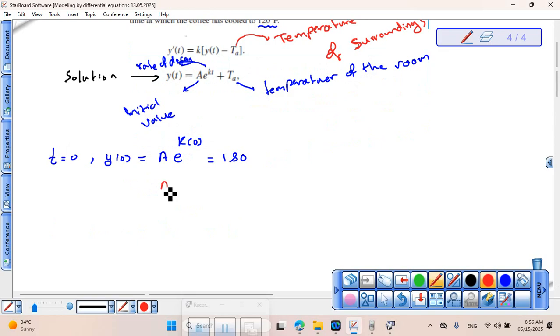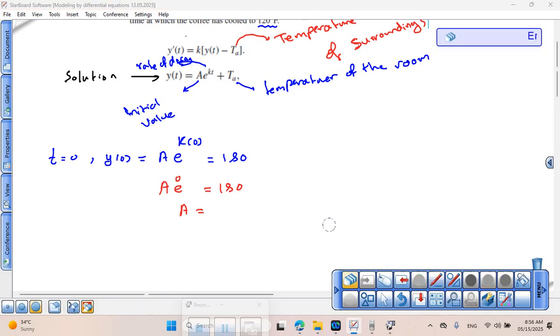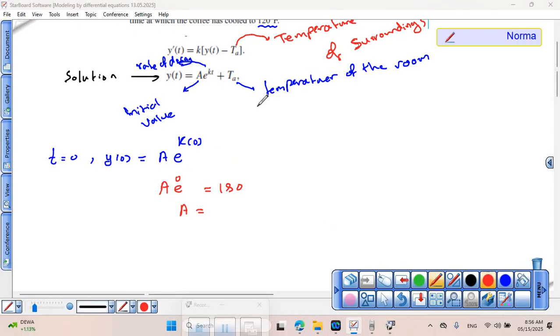A times e to the power 0, which is 1, equals 180. A times 1 is A. Sorry for this small error, don't forget the general solution plus 70, the temperature of the room.